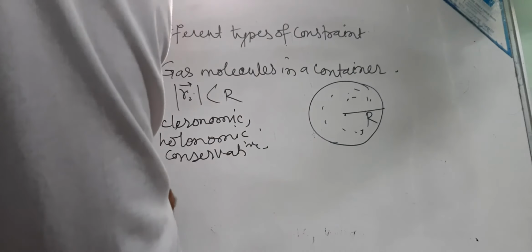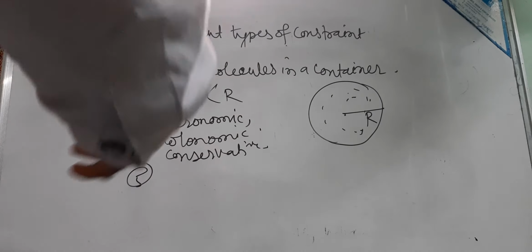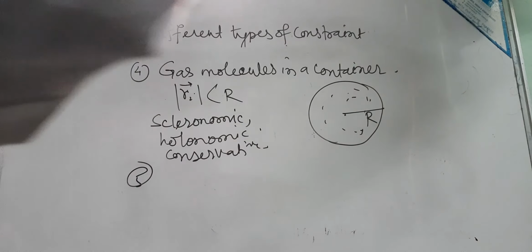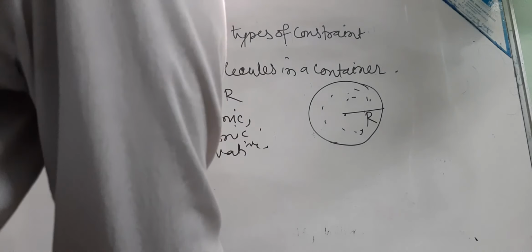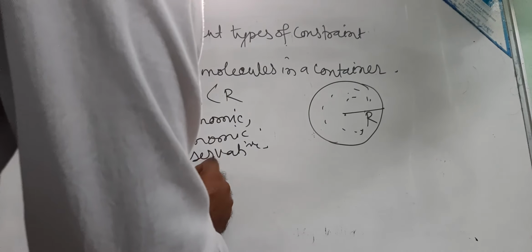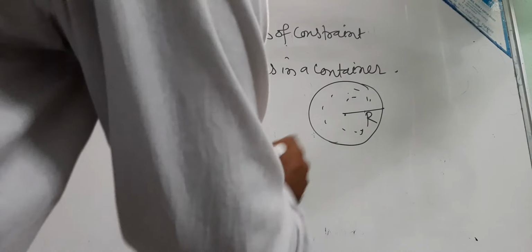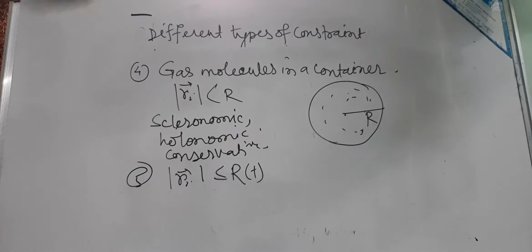Similarly, if you take a spherical gas container that is expanding and contracting, then we can write the position of the ith particle r_i is less than or equal to r, which is a function of t, because it is shrinking or expanding.